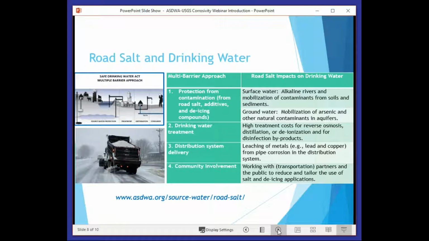You can go to the web page, and there's a handout that you can download. It's one page front and back. It's good to take to meetings to share information and work with partners on reducing impacts from road salt. There's also a webinar recording from back in March that we did with the American Association of State Highway and Transportation Officials, with representatives from New Hampshire and from Maryland about what they're doing in their states to work across programs. So I just wanted to remind everybody that that's available.